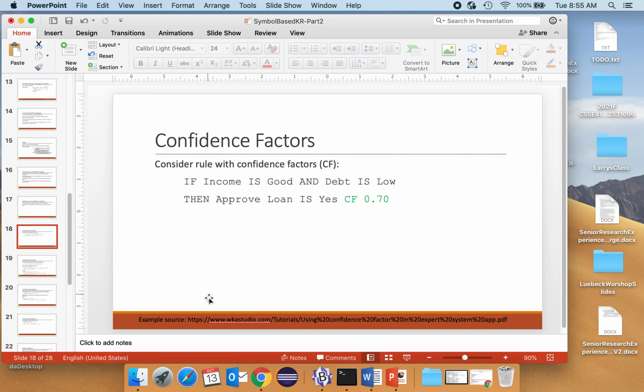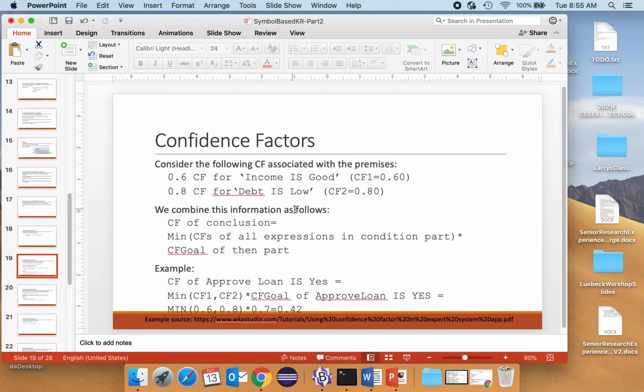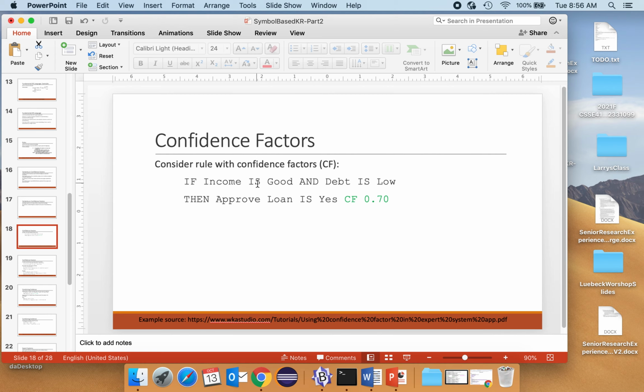Here's an example that comes from this Weka Studio tutorial. If the income is good and debt is low, then approved loan is yes, with a confidence factor of 0.7. What we need to understand is that we have these premises: income is good and debt is low.